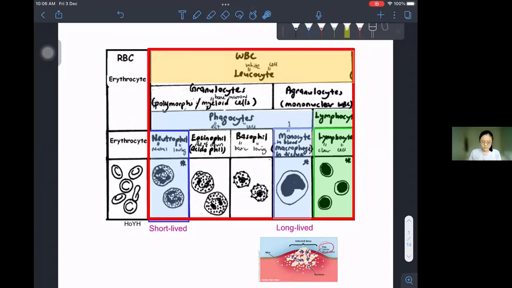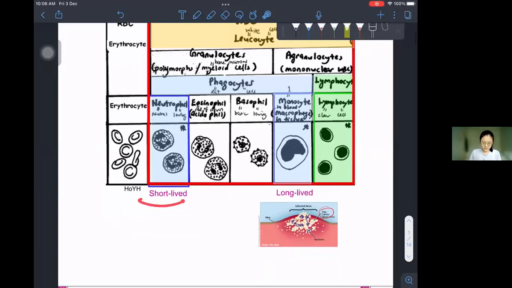From what we have learned, there are 2 types of phagocyte, which are neutrophils and monocytes. Neutrophils are short-lived, whereas monocytes are long-lived. This means that after a neutrophil phagocytoses, it will die and produce pus.